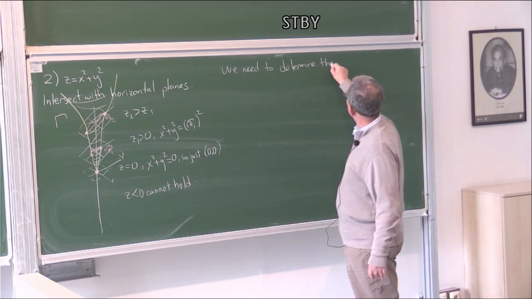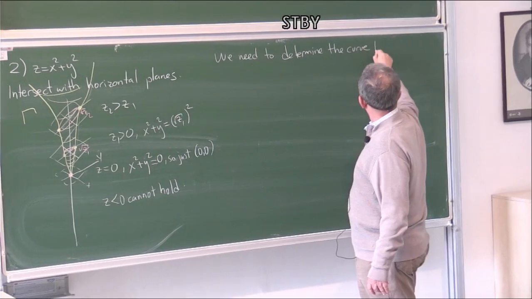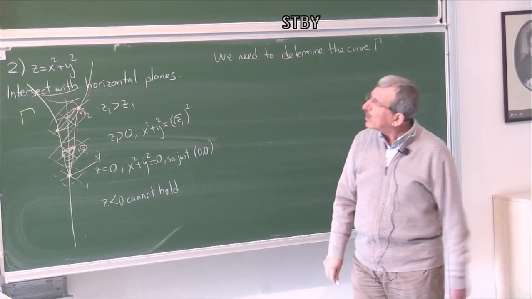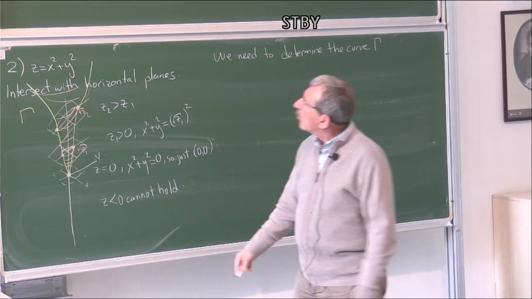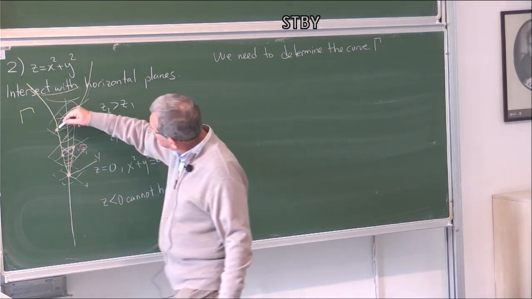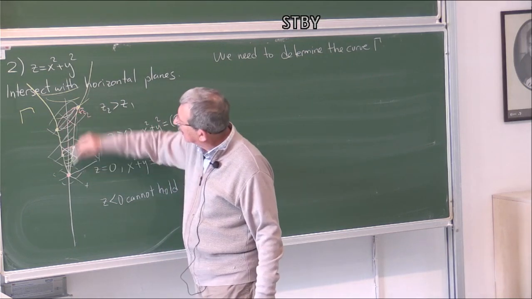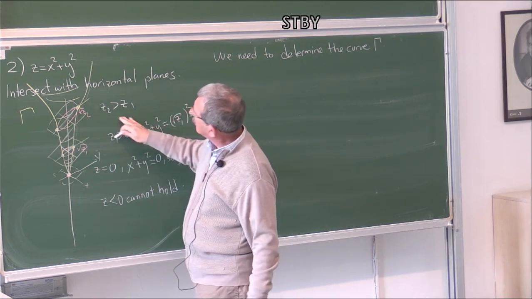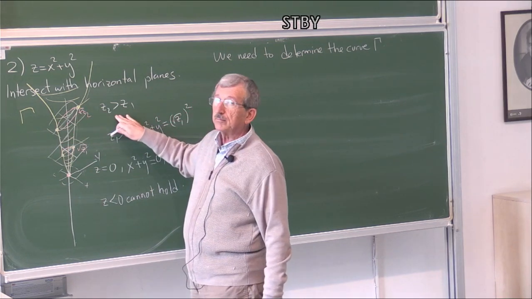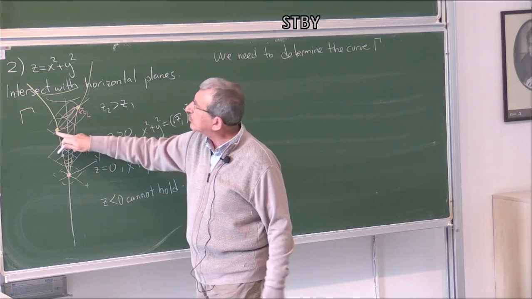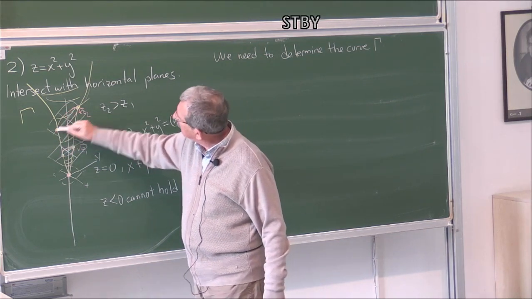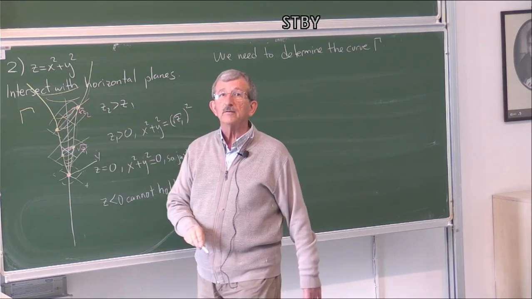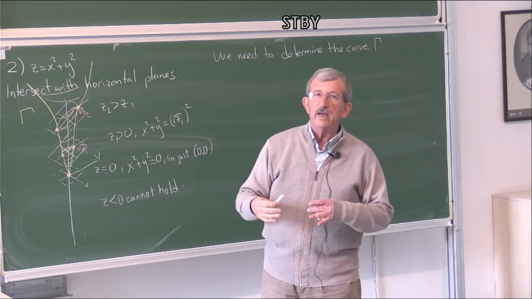What is gamma, by the way? When we look at the curve gamma, that is these points, this point is on the level z2, it is on the circle, of course, but at the same time, it's on the y-axis, which means x is 0.